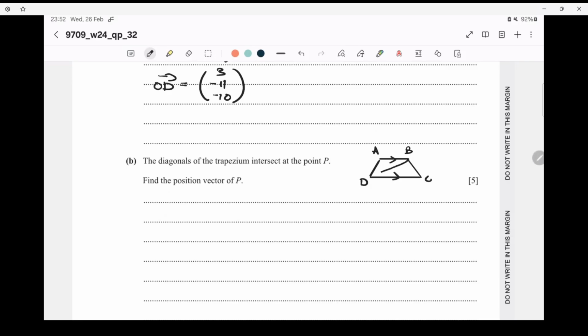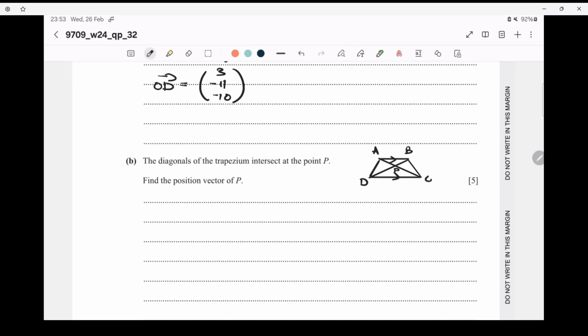So if you draw the diagonals and label the intersection point as P, because you see the angle of ABD is the same as BDC, and then the angle of BAC is the same as ACD, and then the angle at the middle, they are the same.